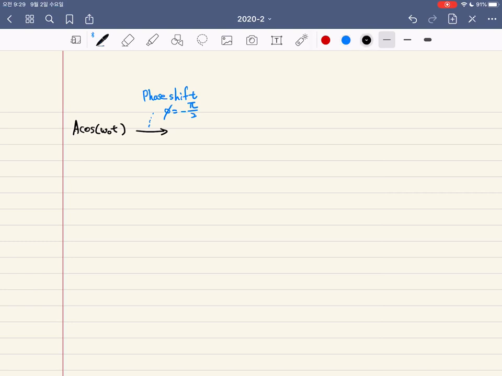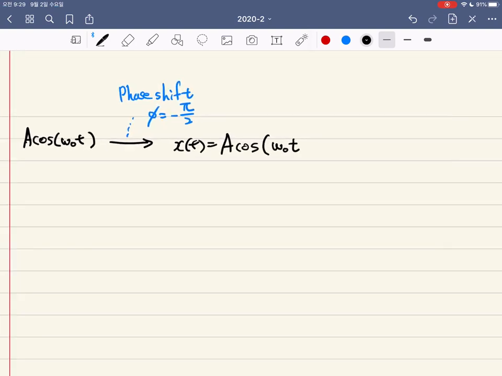then you get the equation of a cosine omega 0 t plus phi, but we know that phi is equal to this amount, so we replace the term phi with minus pi over 2.